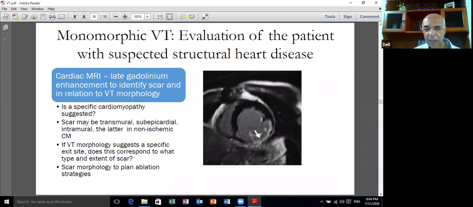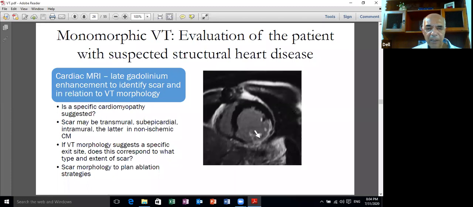This arrow is pointing to subendocardial delayed gadolinium enhancement, which is pathognomonic of the presence of ischemia. On the left side of the cardiac silhouette here, this is a transmural delayed gadolinium enhancement, which speaks of advanced ischemic or non-ischemic disease.